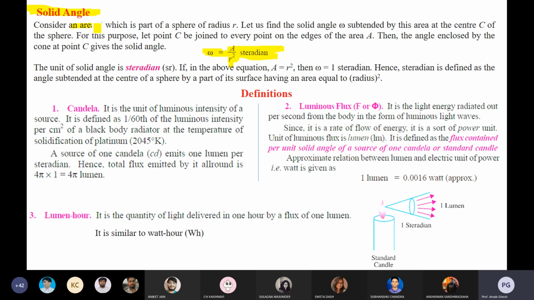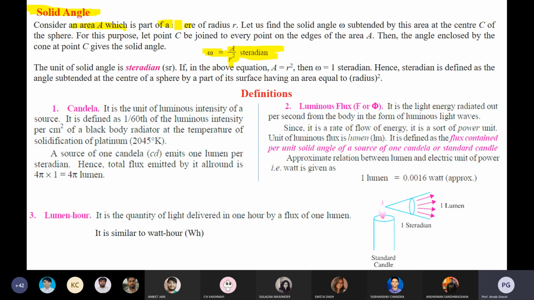Consider an area A which is part of the sphere. You are assuming a point source of light. You can draw a circle, or in 3D a sphere, with radius r. If the source of light is a point source, you can consider it at the origin.